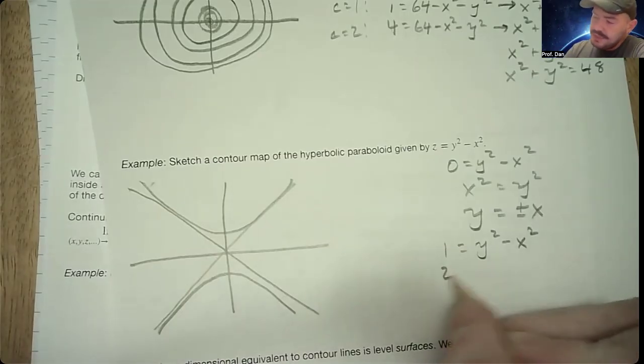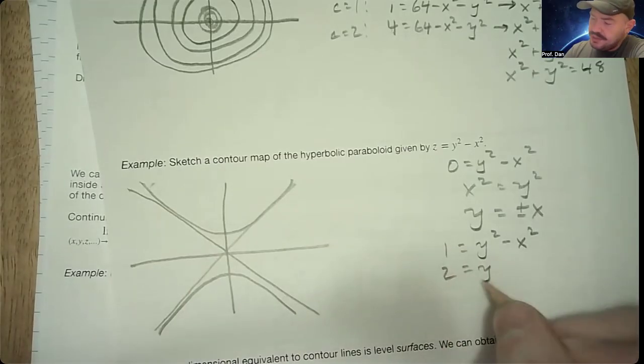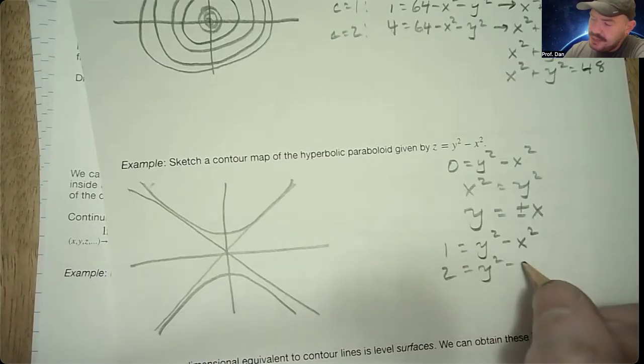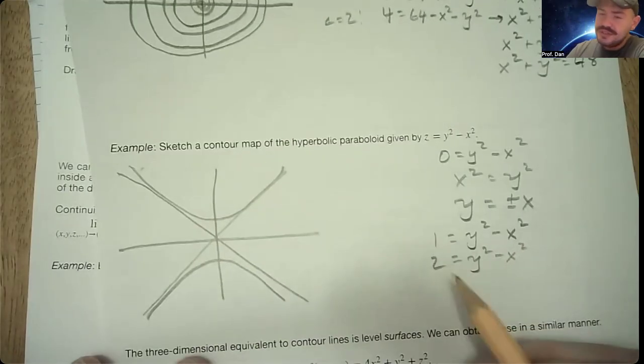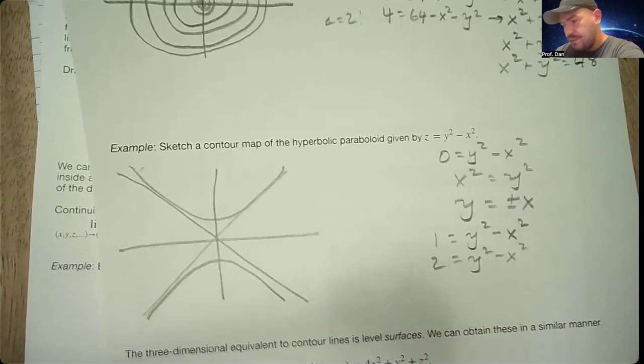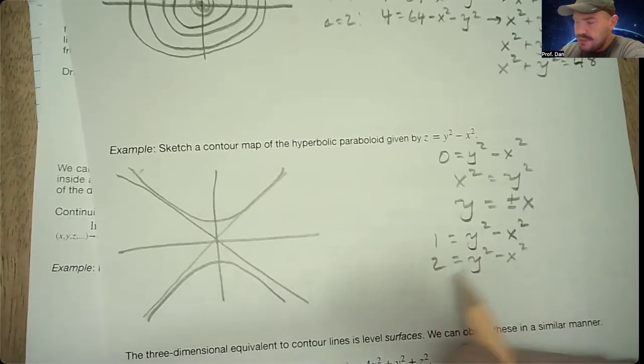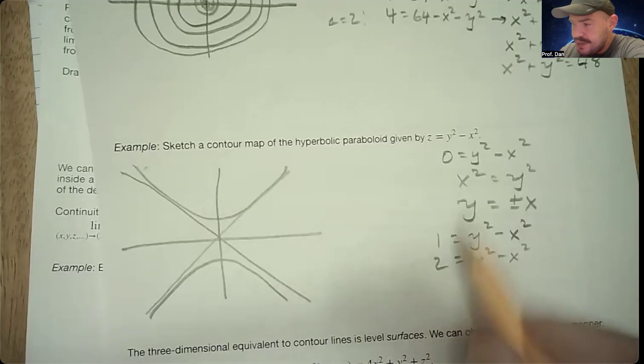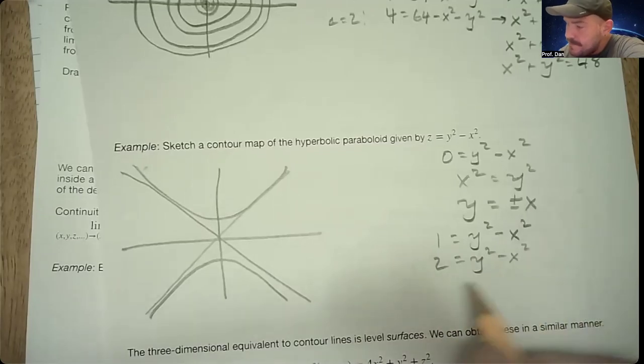If I were to continue this, like if I let z be equal to 2, I would still need to get this to a point where it matched the standard form for a hyperbola. So I would need to divide both sides by 2.